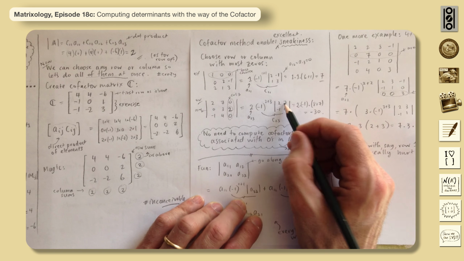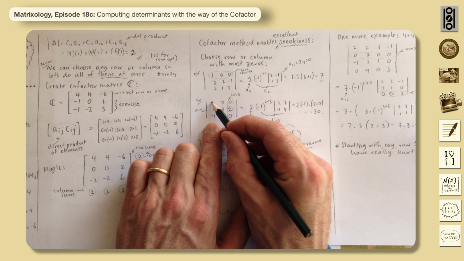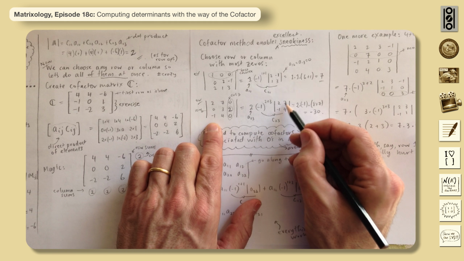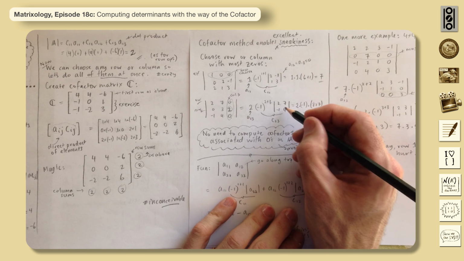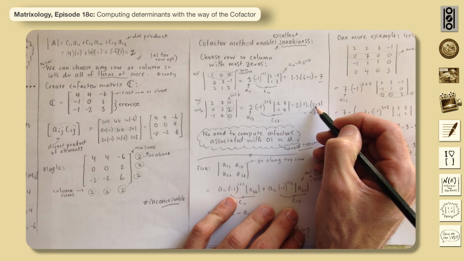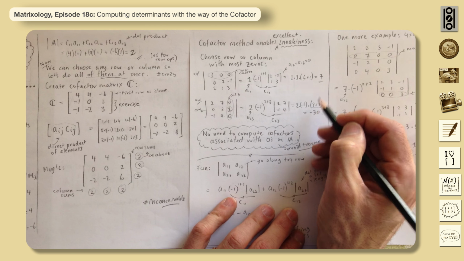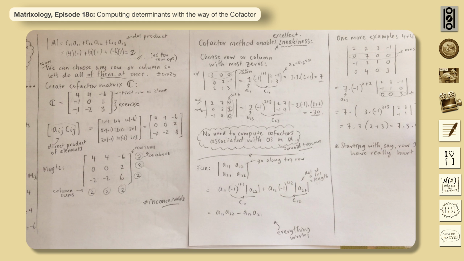This is cofactor 2, 3. When we erase this row and column, we end up with 2, 7, minus 1, 4. That's our minor matrix. Take its determinant, 8 plus 7, so it's 15. And the minus sign is there, so with the 2, it's minus 30. Okay, that's much better.